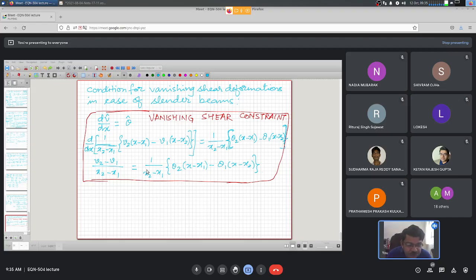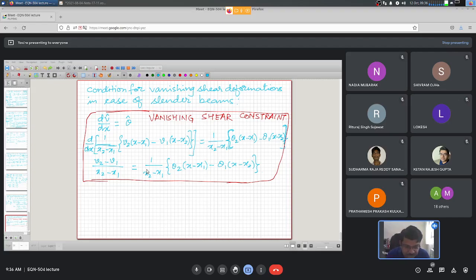So what you have here on the left hand side is a constant value. Naturally, if the displacement v is interpolated as a first degree polynomial, its derivative is going to be constant, and that constant value will be equal to the finite difference between the values at the two endpoints.